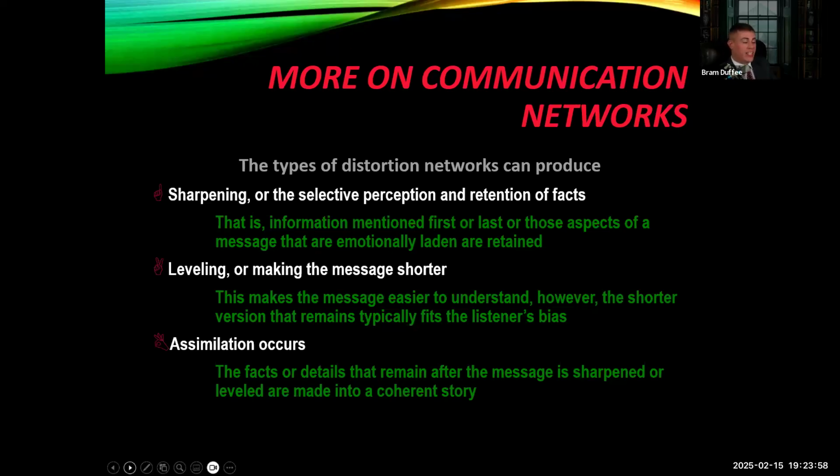Next, we have leveling. This is all about shortening the message. When information is passed along, people tend to trim it down to make it easier to understand or remember. At the same time, this often results in leaving out critical details, and that can cause misinterpretation.